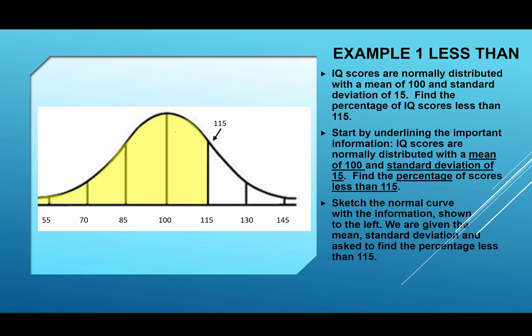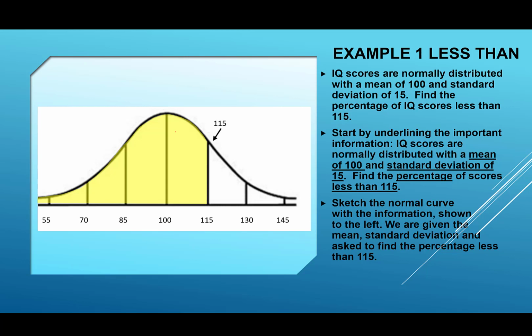And on the left side of 100, you would subtract 15 from each one of the previous standard deviation values. Once you've done that, you're going to find 115, and you're going to then shade to the left of that, which means we're going to do less than.